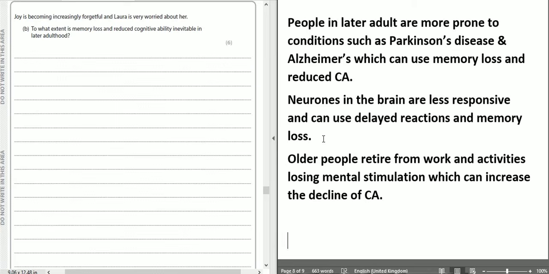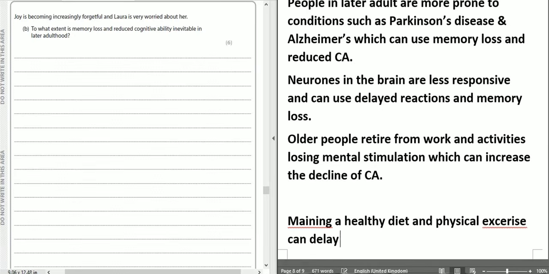But obviously to go against this, we can think about how maintaining a healthy diet and physical exercise can delay and reduce the effects of aging.